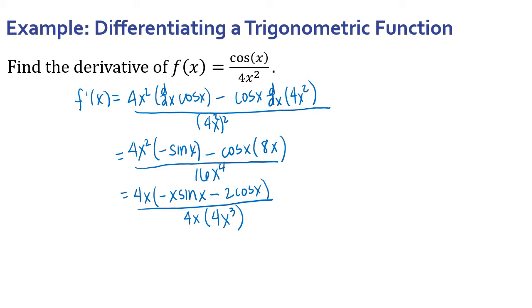Now I can divide those 4x's, and I'm left with negative x sine of x minus 2 cosine of x, all over the quantity 4x cubed.